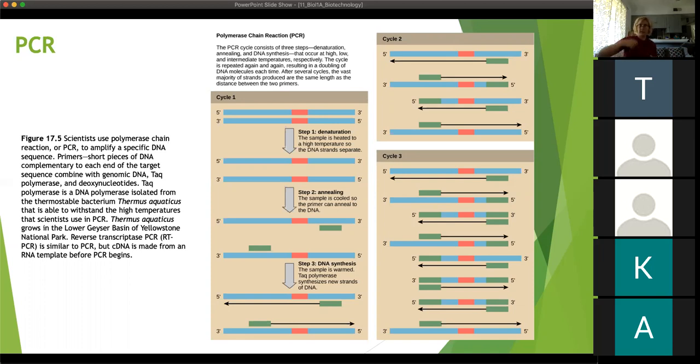But now with 2020 technology, that little drop of blood is enough, because we can use things like PCR to amplify and make lots and lots of copies of that DNA so that we can do whatever we need to do to diagnose an infection, or to determine who murdered somebody, or to identify the perpetrator of a crime. So PCR has been a really important avenue for improving lots of different fields in medicine, in science, and in law enforcement.